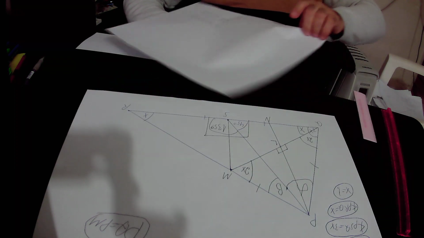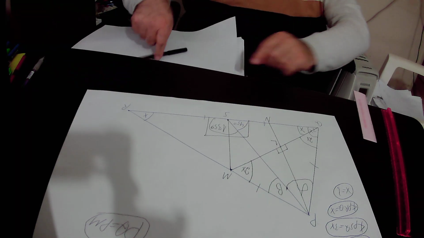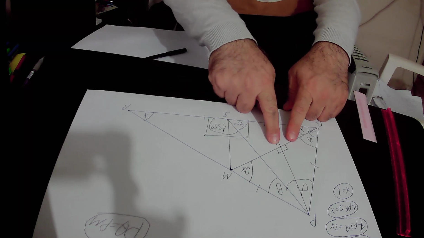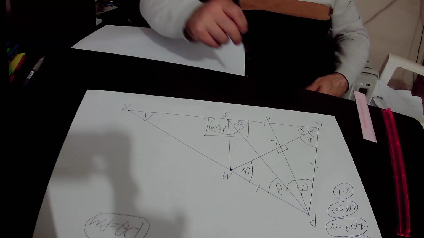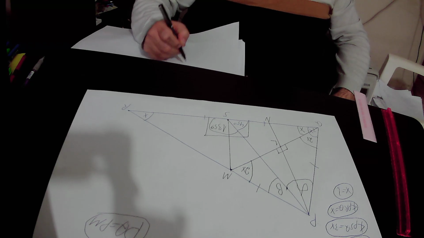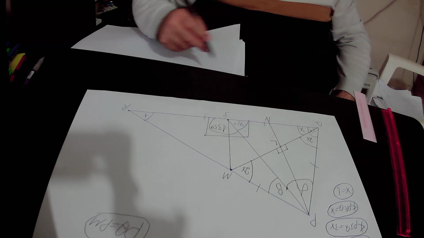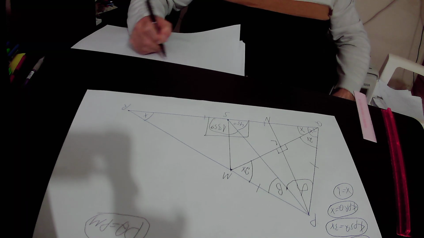And we also know that those two angles are both equal to 90 degrees. So angle PLQ equals angle PLM, and both angles are equal to 90 degrees.